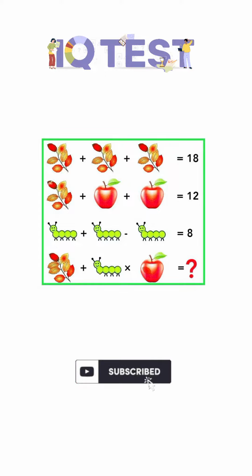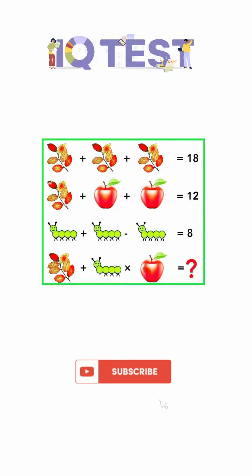So what is the flower plus the caterpillar multiplied by the apple? What is the answer? Nope. Colina, look at it again. You use BODMAS over here. So you do your multiplication first before you do your addition.